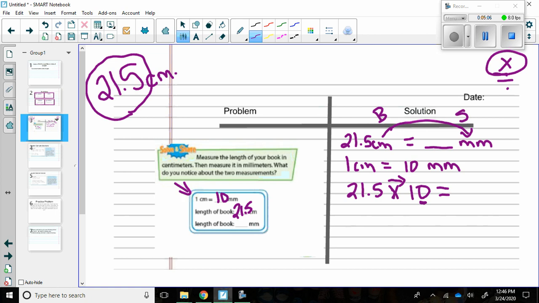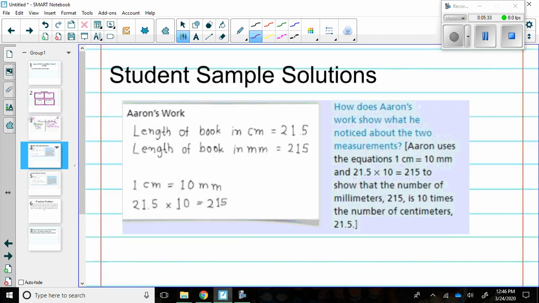I have one 0, so I know I move the decimal 1 place. So my answer is 215. So 21 and 5/10 centimeters times 10 gives me the number of millimeters that the book is. Let's see what other people did to solve this problem.